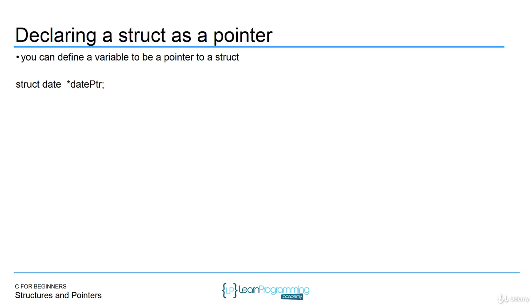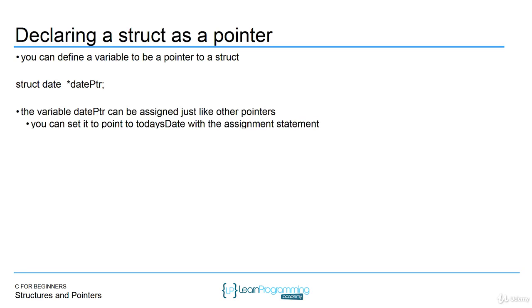Because remember, when you say struct date pointer, that does not allocate any memory for the data, it creates memory to store the actual pointer, right? It's not creating memory for the data inside of it. So you could either assign to this date pointer the address of another struct date, or you could allocate memory for it somewhere else, or you could initialize it with some data that way as well.